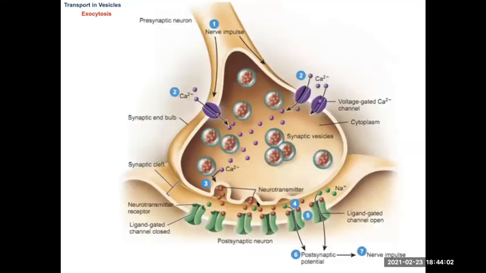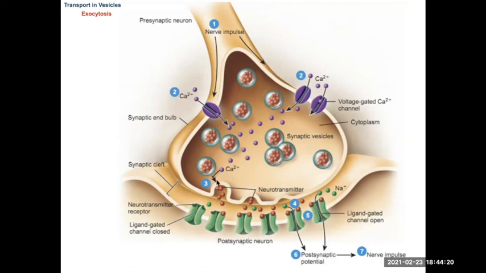Exocytosis. And then the other example over here is that, I said before that these calcium channels are opened up and they trigger these packages of vesicles, these neurotransmitters already in the synaptic cleft right here.